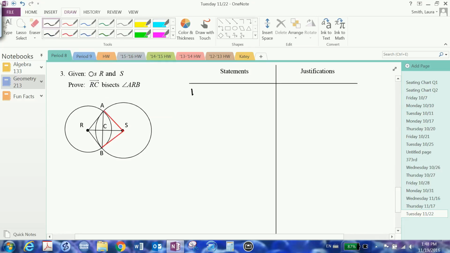All right, so I'm going to start with the given circle R and circle S. Next thing I'm going to do is I'm going to draw in SA and SB. And why is that? Two points determine a, what did we draw in? Segments.